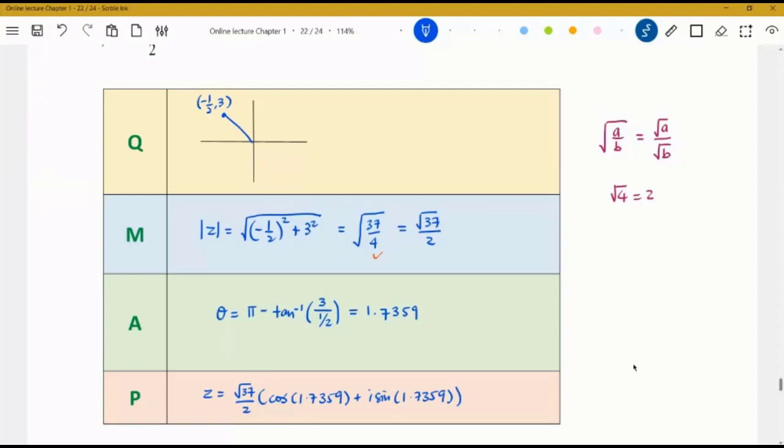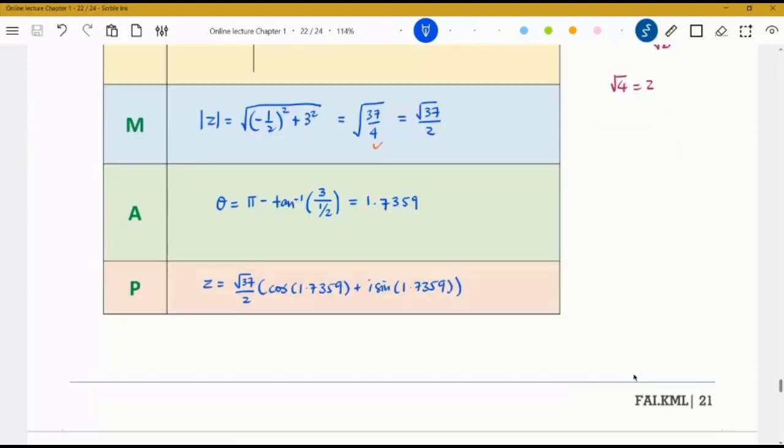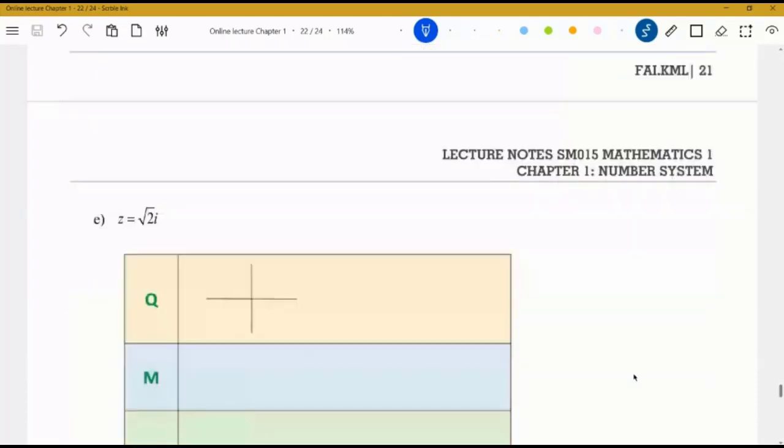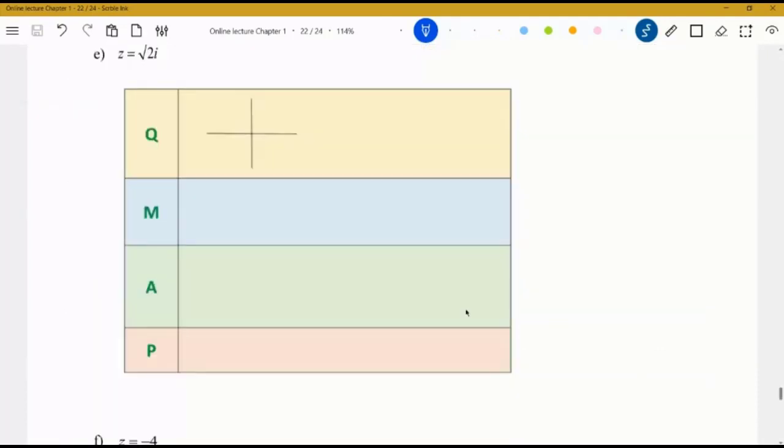These two are special cases, where the location of the point or coordinate is not in a quadrant. It lies on the axis, either the y axis or the x axis. Looking at E, it is square root 2i.